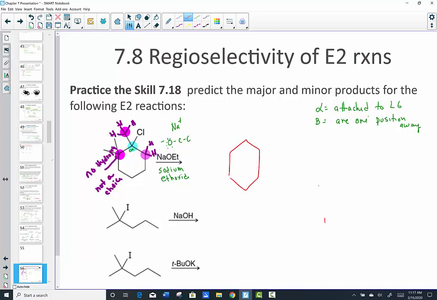Remember the pattern here, the OEt, it's going to abstract a proton. That bond collapses and the leaving group leaves, all in one concerted step. We would form the conjugate acid of our base, which you'd see then as HOEt.